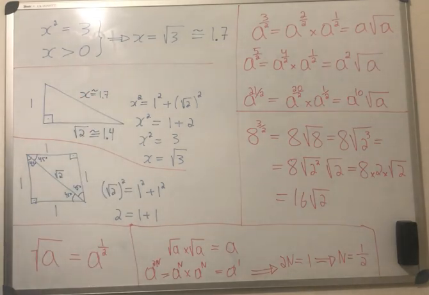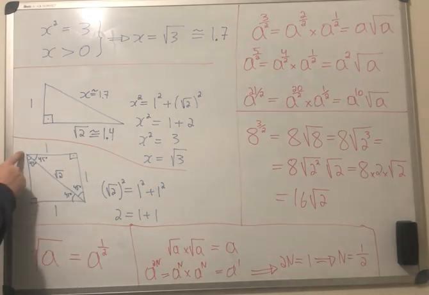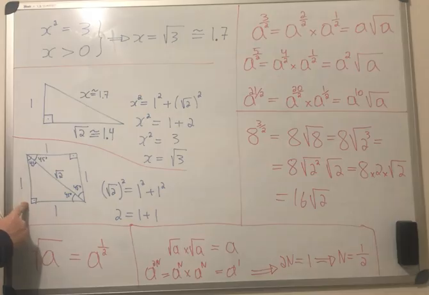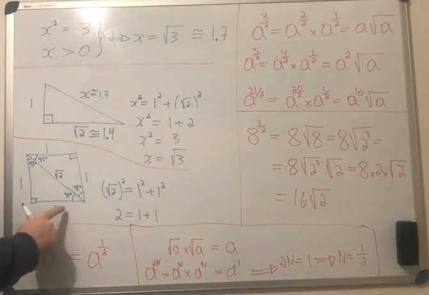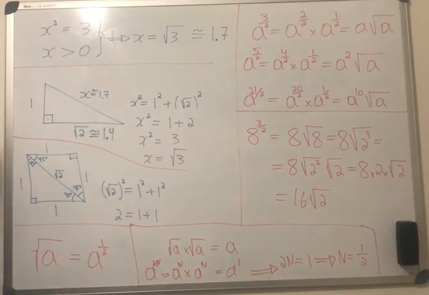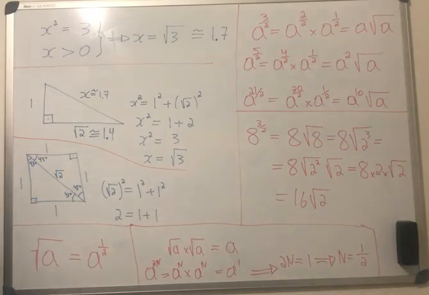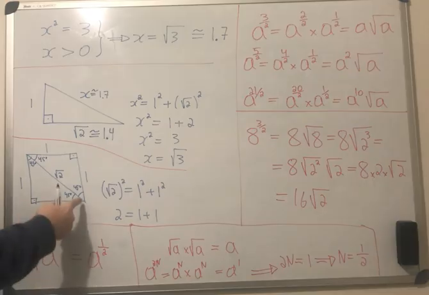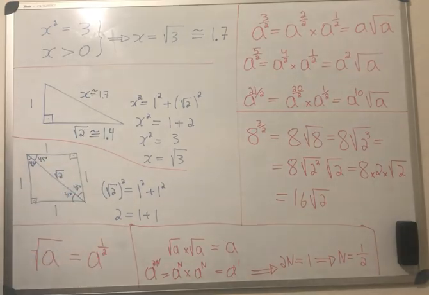Okay? So in a square, here I consider a perfect square with side 1, 1, 1, 1, and 90 degrees, 90 degrees, 90 degrees, 90 degrees. I take the diagonal, 45 and 45. And the length of the diagonal is the square root of 2, which is like 1.4. It's approximately 41% bigger than the side of the square.